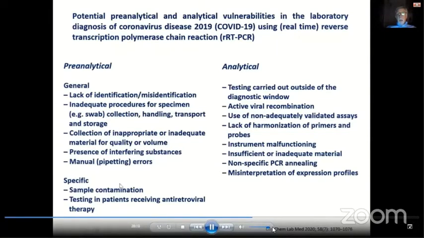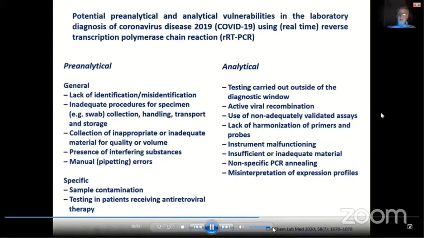The swabs are really very important to collect. There is sometimes collection of inappropriate or inadequate material for quality and also for volume. There is sometimes the possible presence of interfering substances, and also we may have some manual errors in pipetting or preparing the samples.